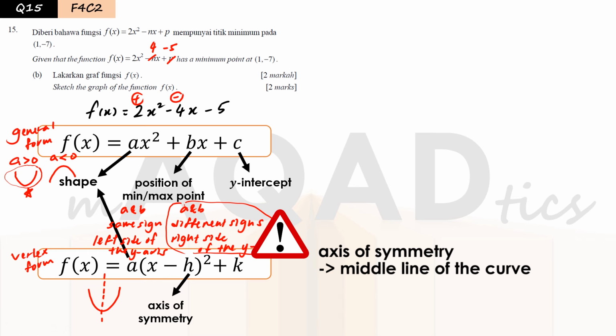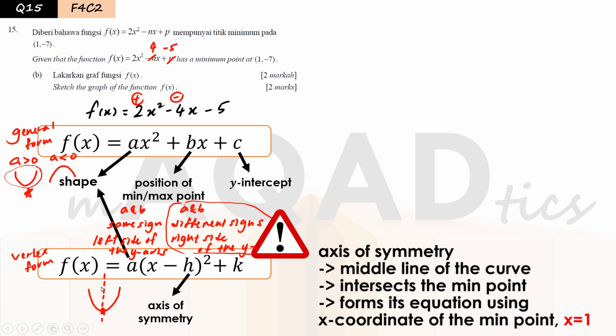Okay, and here we are given the minimum point, which is 1 and -7. So this axis of symmetry actually intersects the minimum point. Okay, so usually the minimum point will be here, and the axis of symmetry will intersect it. Alright, so the equation of the axis of symmetry would be the x coordinate of the minimum point, which is x equals 1.